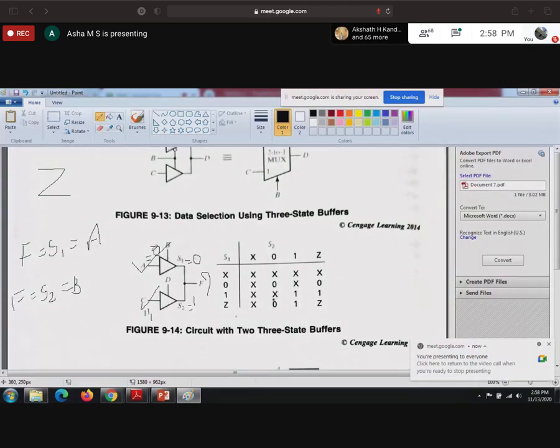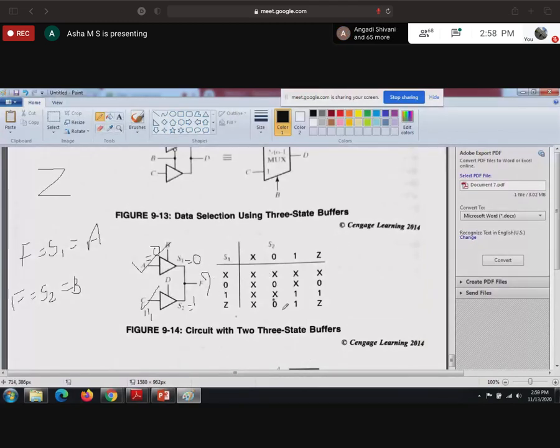Either it can be the output of the first buffer or it can be the output of the second buffer. So we will say don't care, consisting of 0 and 1 based on our requirement. That is depending on your circuit, on your hardware, whether it is going to give the 0 or the 1. So better to write the X.